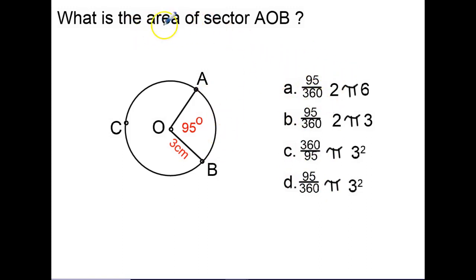And we're worried about the area, so we're going to use pi r squared, which is going to be pi 3 squared. So the one that has 95 over 360 and pi 3 squared is going to be C. Oh, it's going to be D. Can't read.